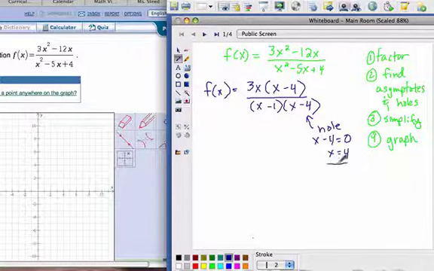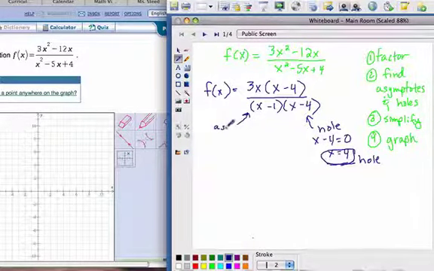So we don't want to forget about that. That's where the hole is. And then this other one here is going to be the asymptote. So x minus 1 equals 0, so x equals 1.